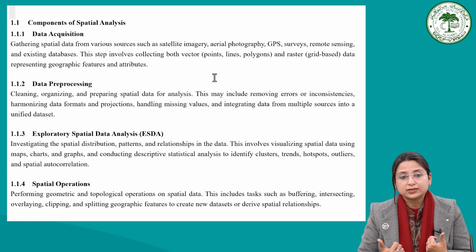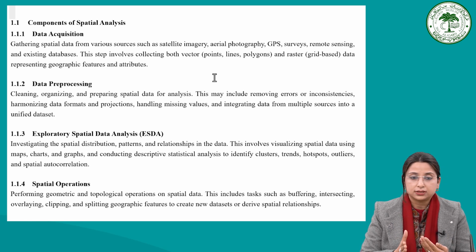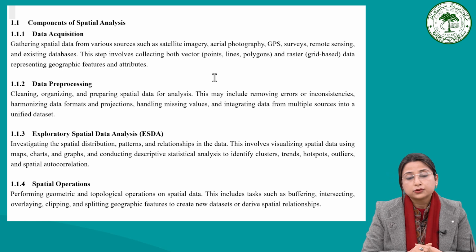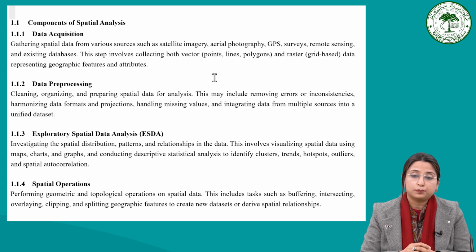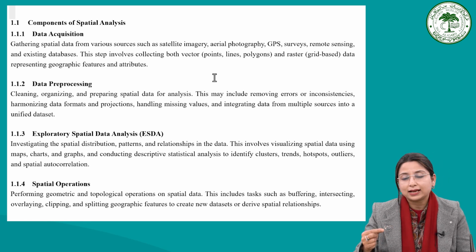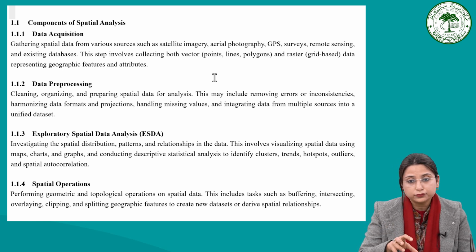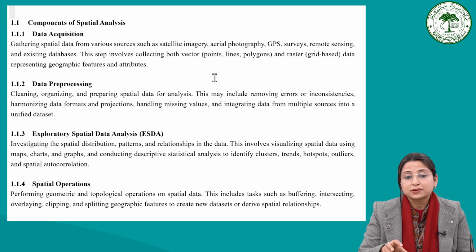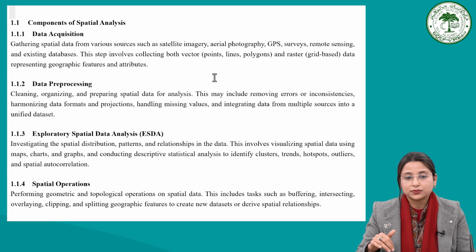So data acquisition is simply getting the data according to the problem and the need. It involves collecting both vector data, meaning points, lines, and polygons, and raster data, that is grid data, along with the attributes of those features representing geographic features. So data acquisition includes the collection of both vector and raster data.